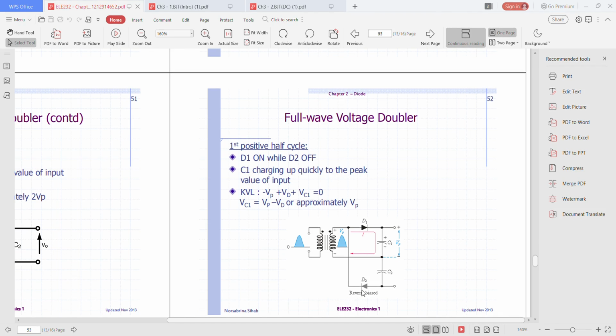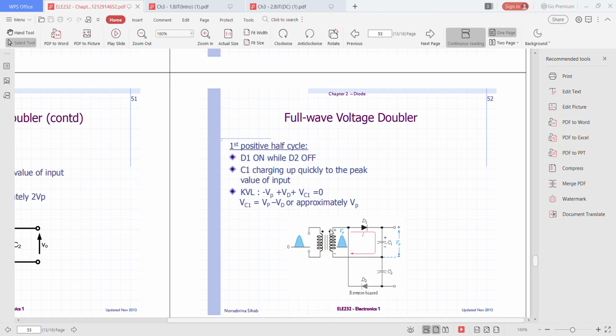So D2 is actually off, or you can say it is an open circuit. So your circuit will be in this loop only. So the equation during this cycle is minus Vp plus Vd1 and then plus Vc1 equals 0.